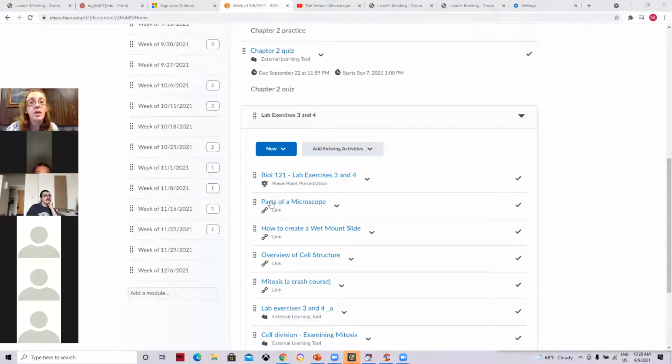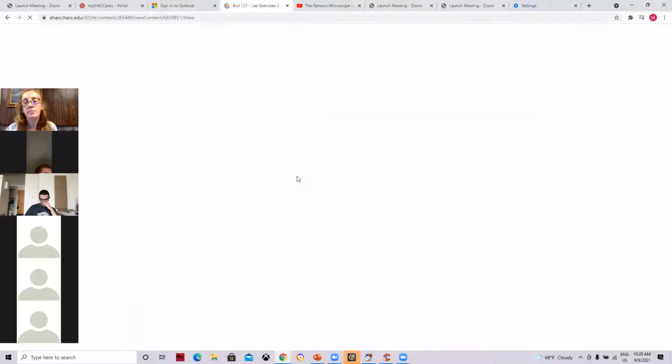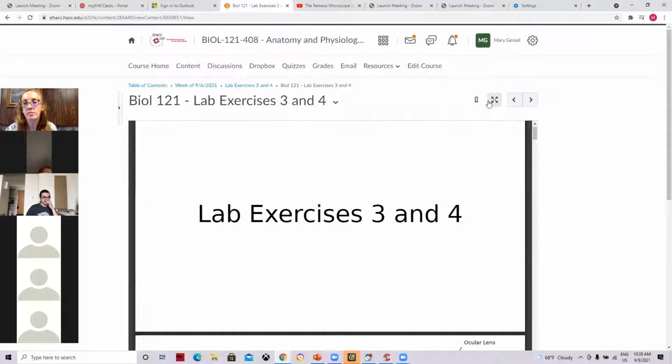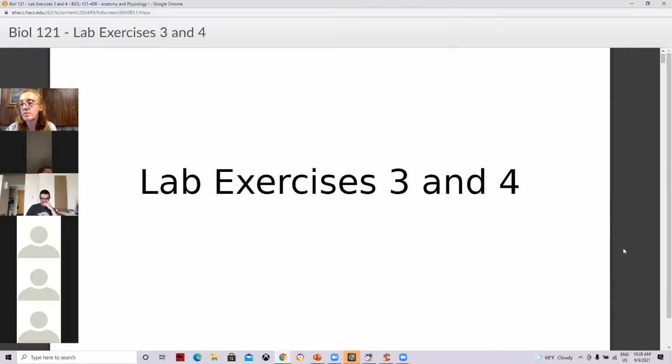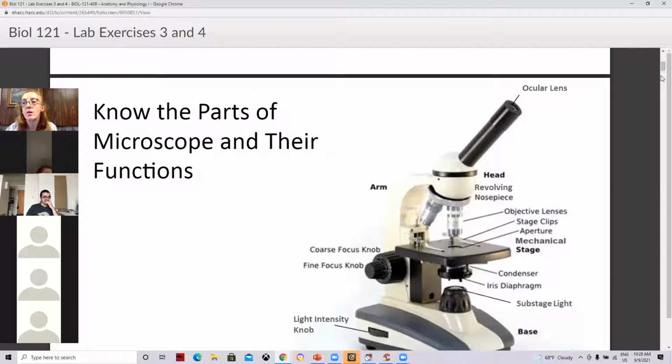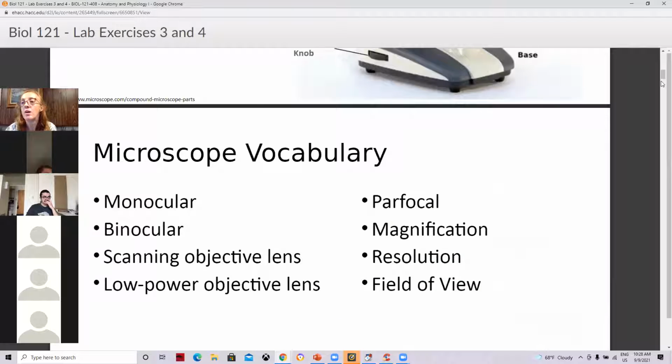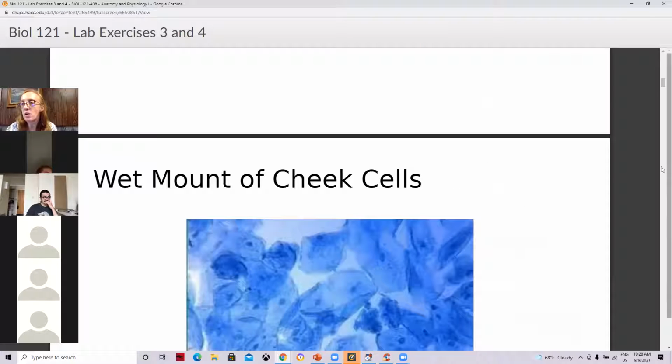Now, one of the most common ways that we view specimens is we use what's called a wet mount.